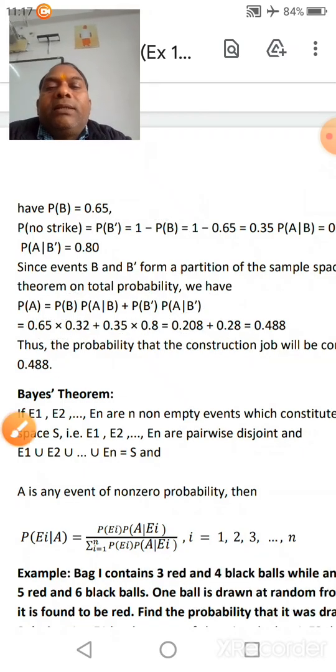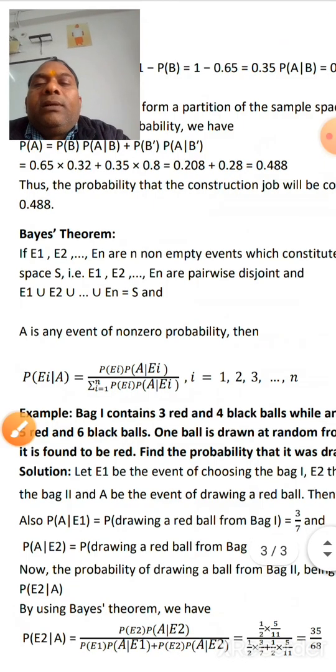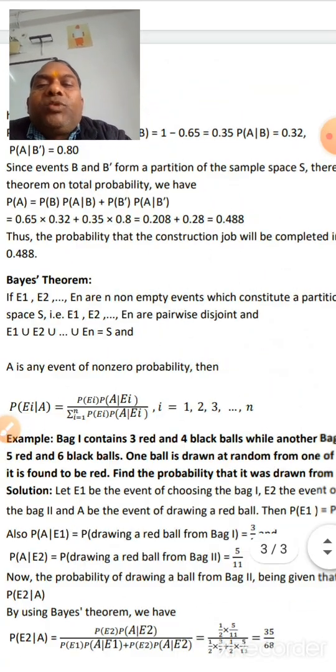Clear, students? Now next, Bayes theorem.